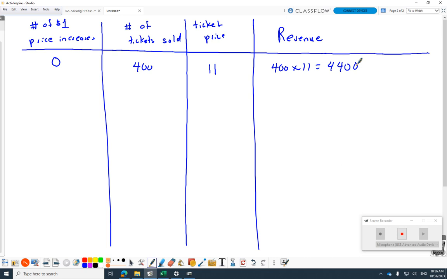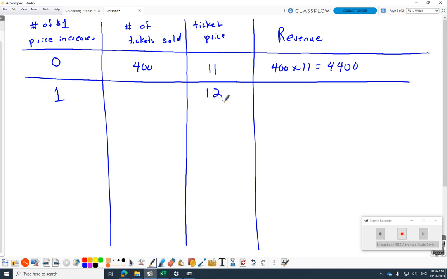Somebody says, no, let's increase ticket prices. Let's increase the ticket price one time. What will the new ticket price be then if they increase it by $1? 12. Again, hopefully you're like, yeah, it's not so bad. And hopefully this method you could handle even in grade 9. How many tickets sold though? 380.